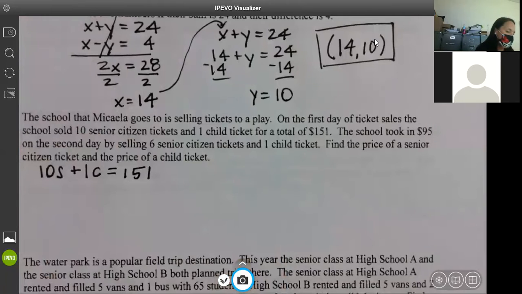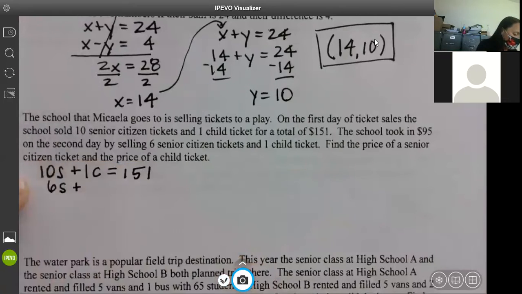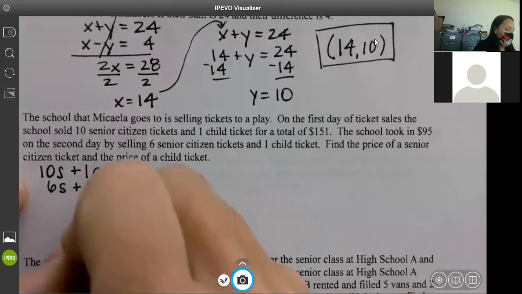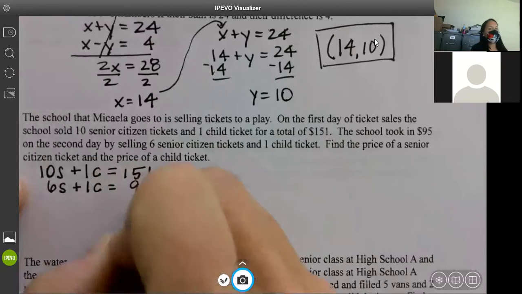The school took in $95 on the second day by selling 6 senior citizen tickets and 1 child ticket. So how many senior citizens do we sell? So 6 seniors or 6S. How many child tickets? 1. And how much did they make? 95. Tell me what you noticed about these equations.